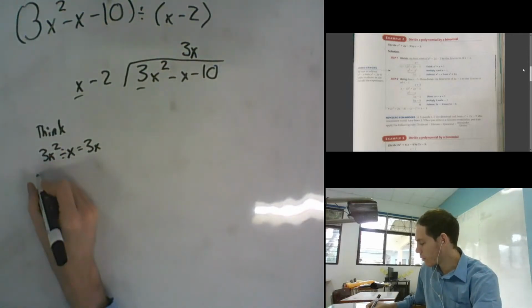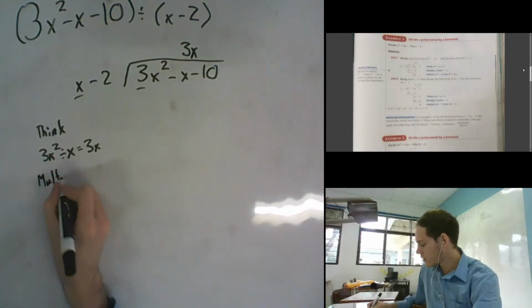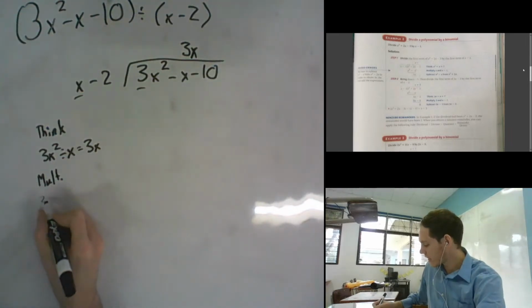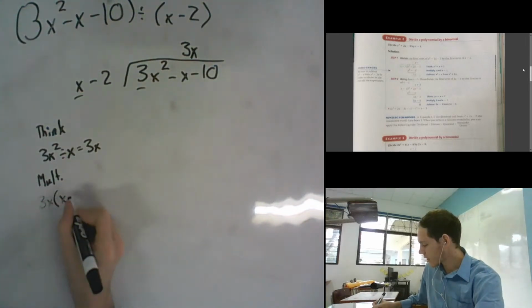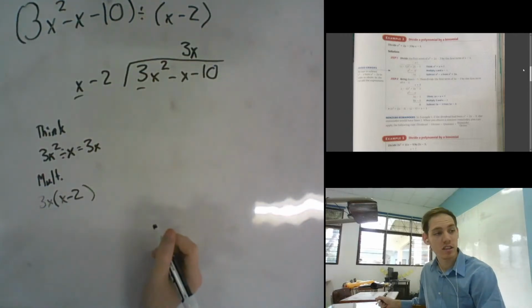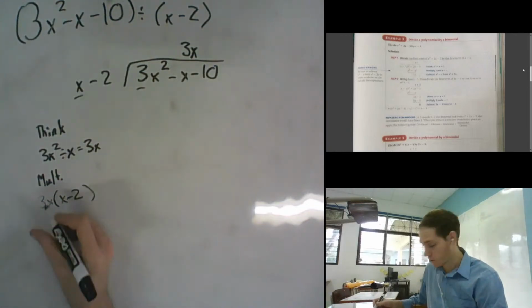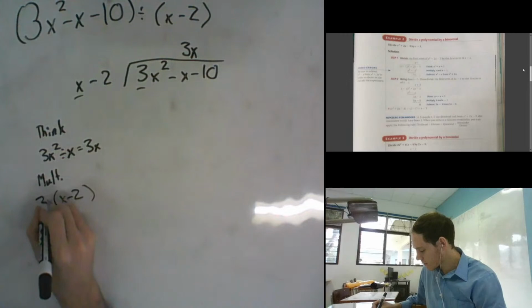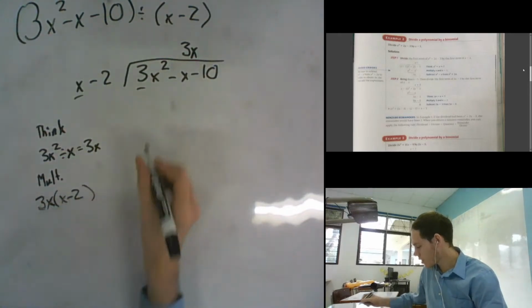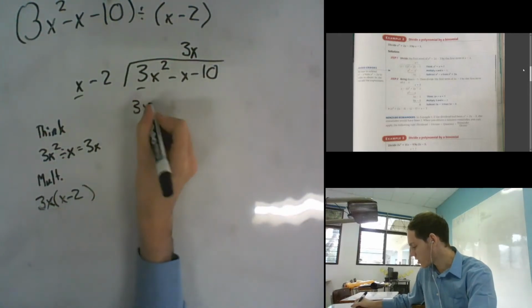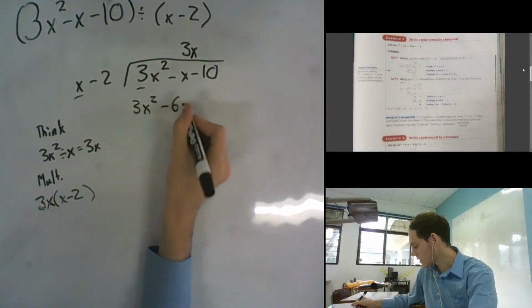Okay? Then we multiply. What do we multiply? We multiply 3x times x minus 2. What's 3x times x minus 2? That is 3x squared minus 6x.